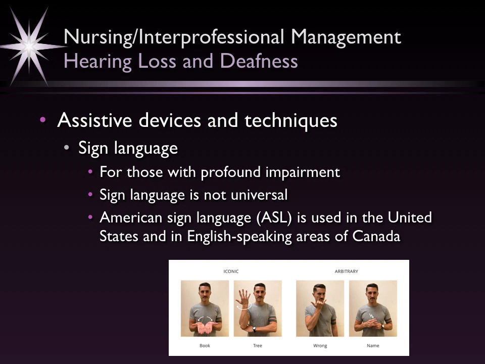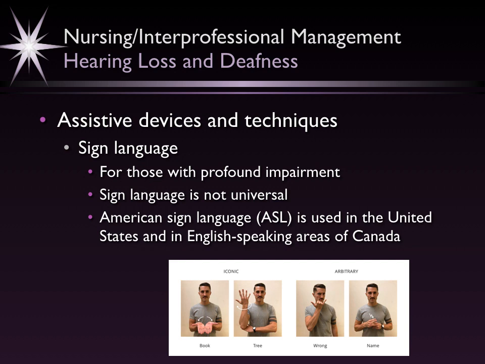So what you have to understand is sign language is not the same in every language. A lot of people have this idea that everyone in the world who is deaf is speaking American Sign Language. Well, that's not true. And American Sign Language doesn't really have sentence structure the way we're used to having it.